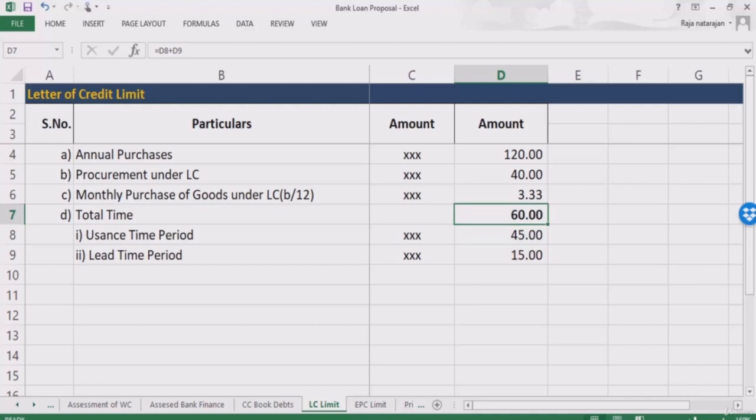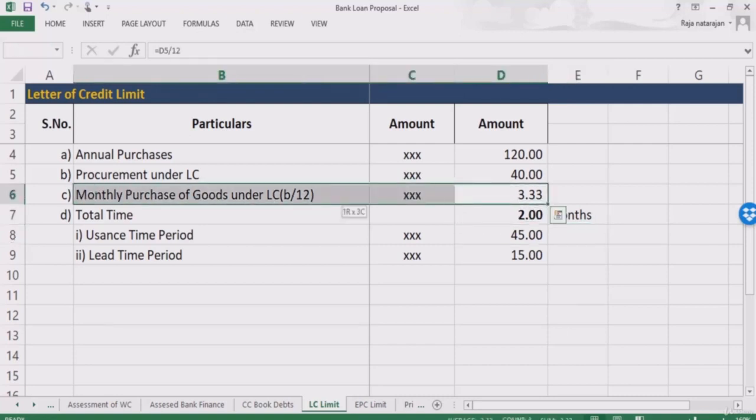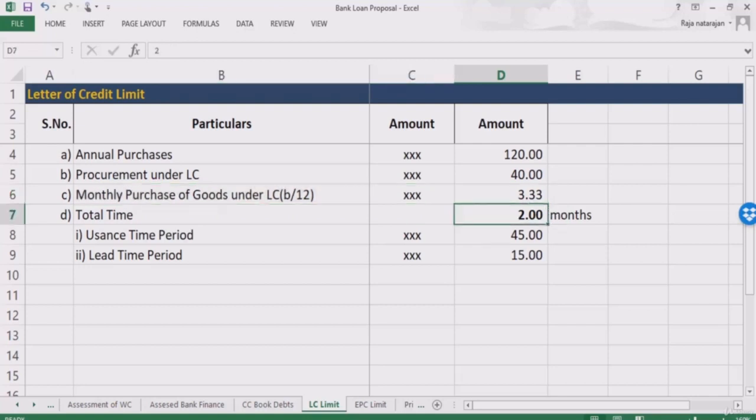That is equivalent to 2 months, right? This is 60 days, which I'm going to say as 2 months. So what is the monthly purchase of goods under LC? It is 3.33 crore, and I should give LC for 2 months requirement. So my monthly purchase is 3.33.